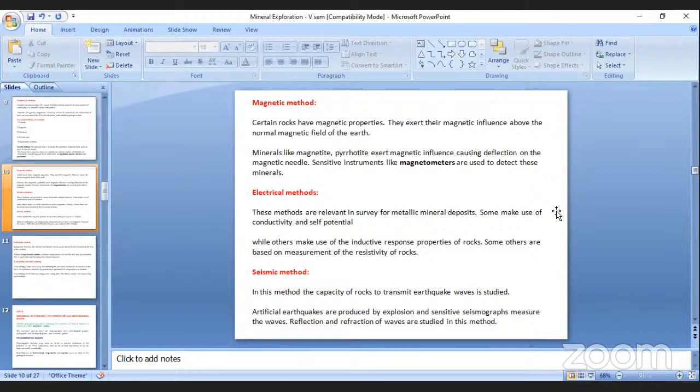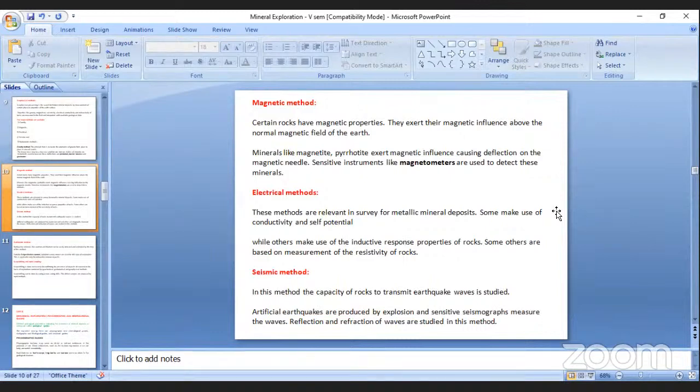And one more, the next one is the seismic method. In the seismic method, we have a chance to identify the capacity of a rock to transmit earthquake waves, and how much of the earthquake waves it transmits. All of this is studied. Here, artificially we can provide earthquake waves for exploration, and sensitive seismographs will measure them.